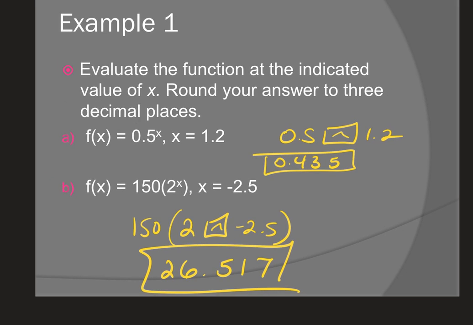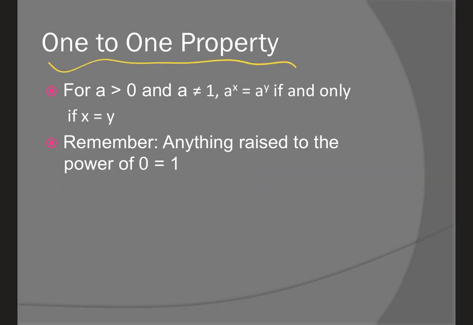We're going to come back to slide 10 introduces the one-to-one property. This is also an algebra 2 skill, so hopefully you remember this, okay? But it says that for a being greater than 0, so my base has to be positive and not equal to 1, then a to the x would equal a to the y if and only if x equals y. And all that means is if the bases are the same, then I can set the exponents equal to each other.